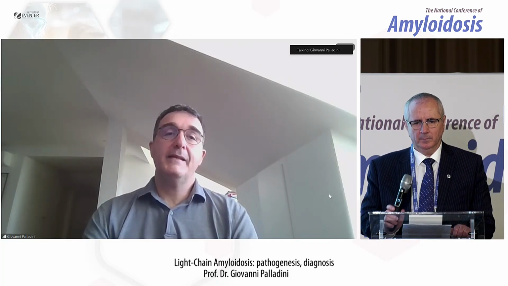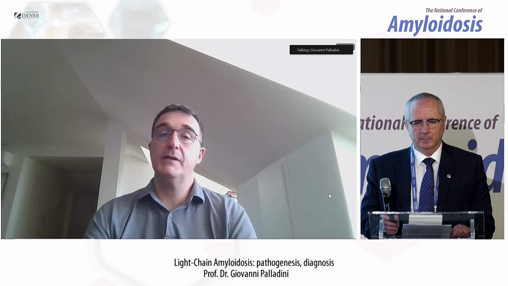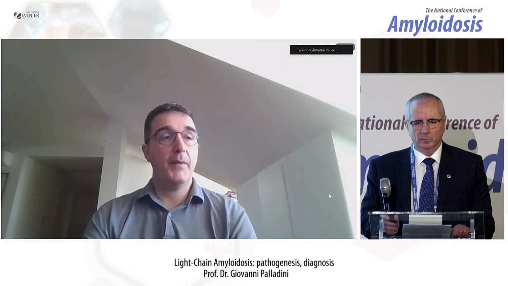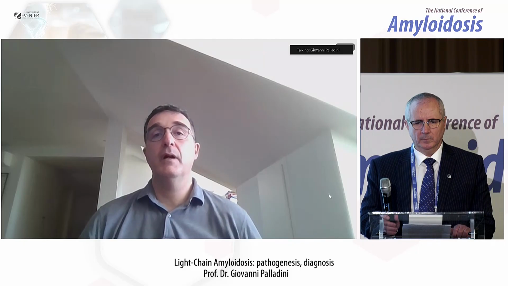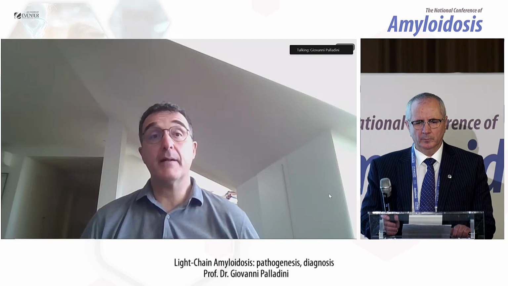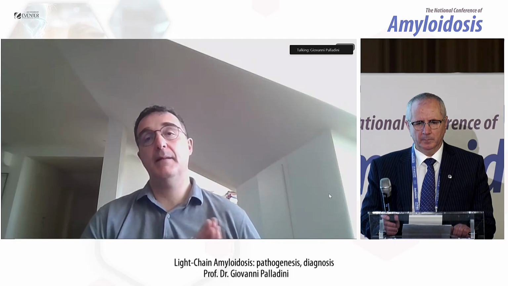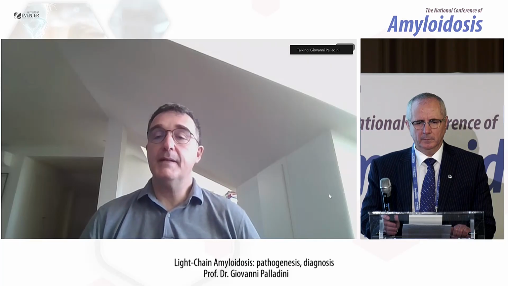Well, this is just a personal opinion, of course. What we are doing at our center, with the help of our hematologists, is to test all the patients with MGUS and an abnormal free light chain ratio with biomarkers of heart, BNP, kidney, proteinuria, and liver alkaline phosphatase involvement.